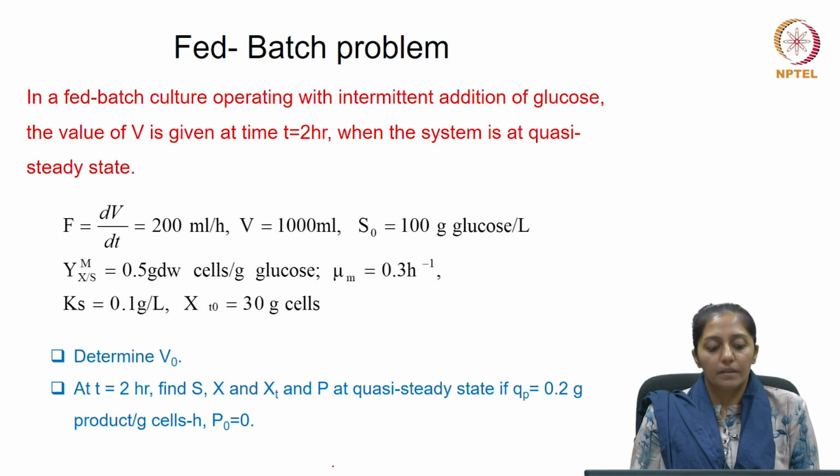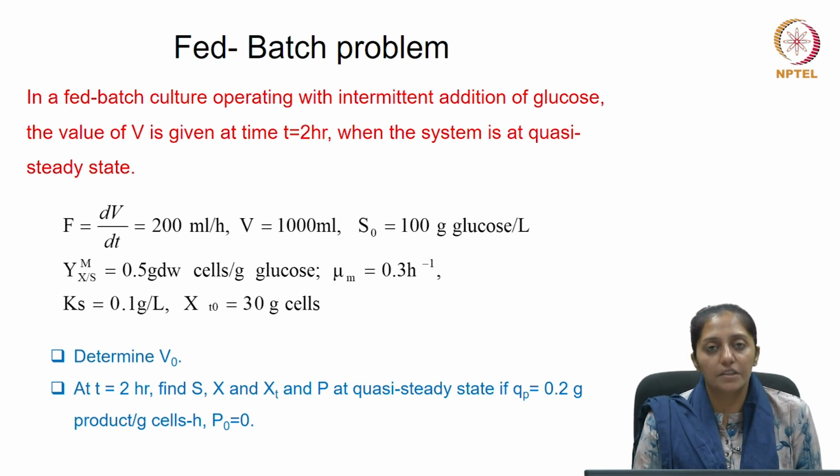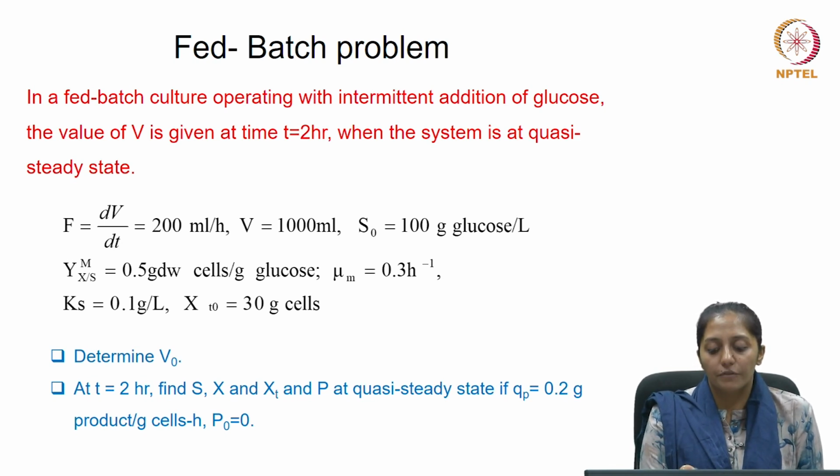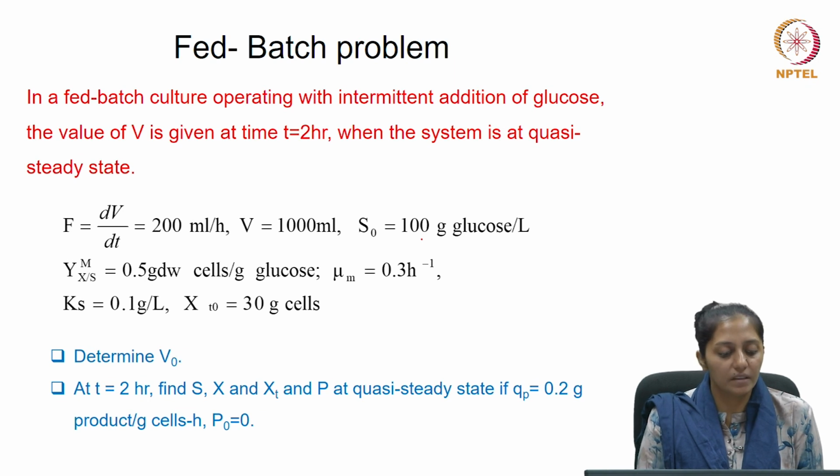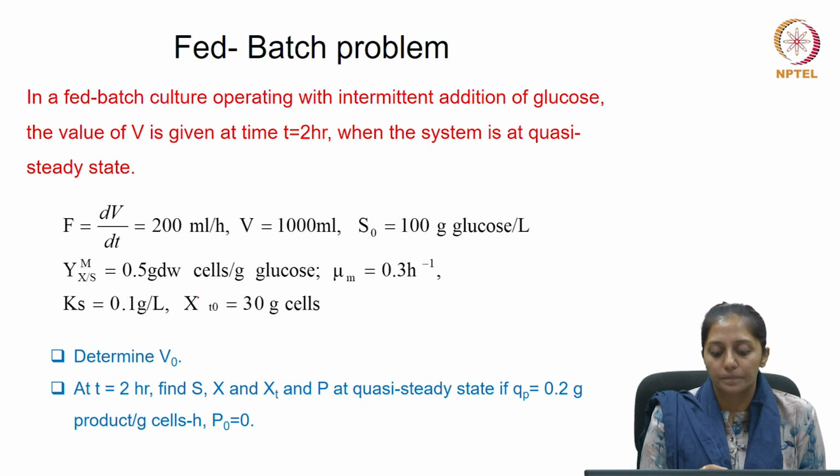Now, the volumetric flow rate is given as 200 milliliter per hour, and the feed concentration in this quasi steady state fed batch process is 100 grams glucose per liter. The theoretical Yx by S is given to us, maximum 0.5.